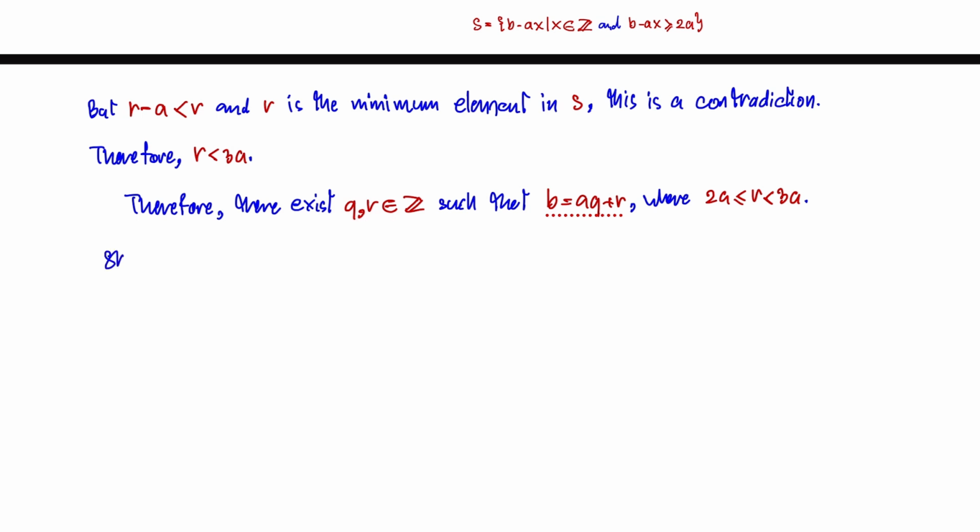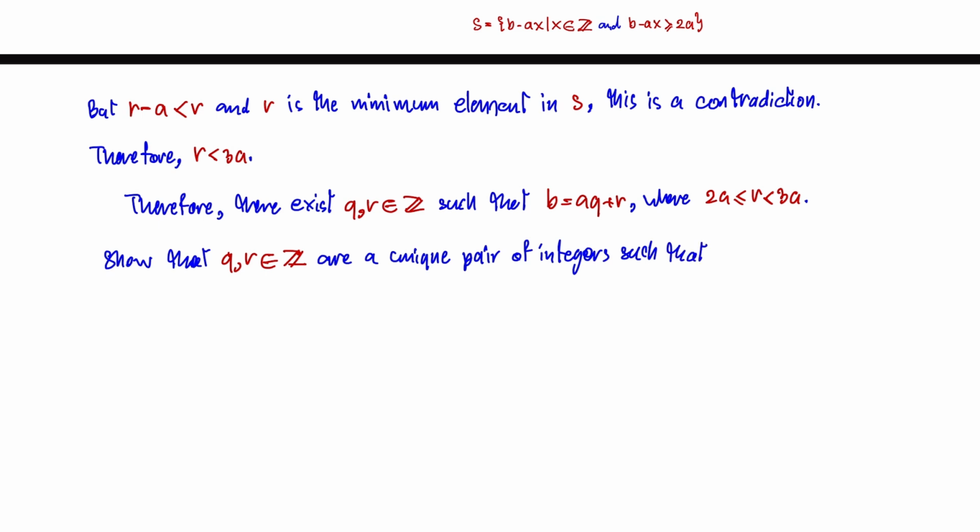So we're going to show that Q and R, which are integers, are a unique pair of integers such that B equal to AQ plus R, where R is greater than or equal to 2A and less than 3A.